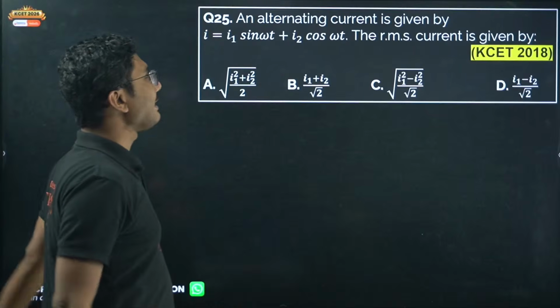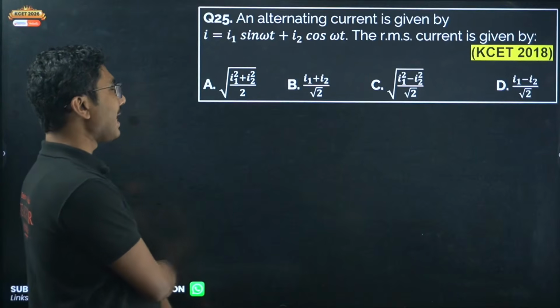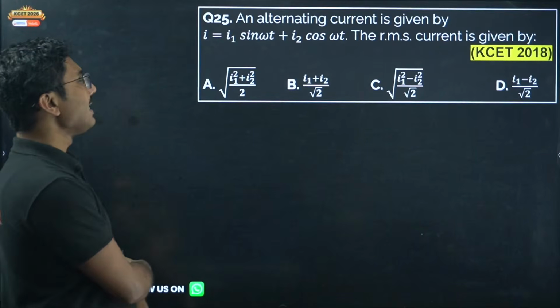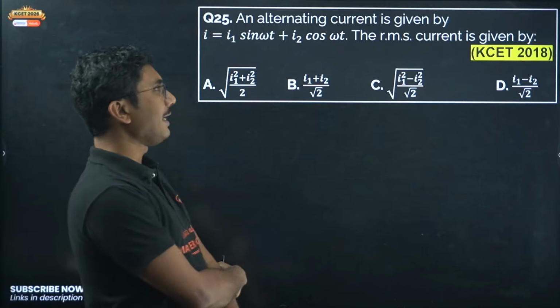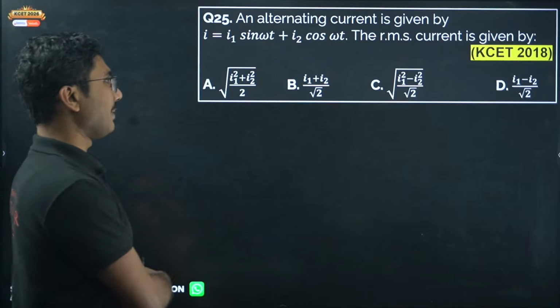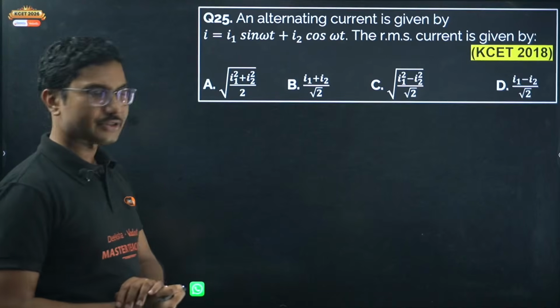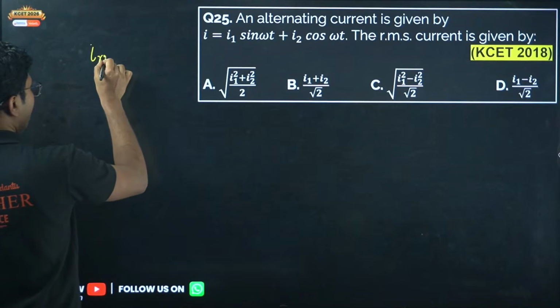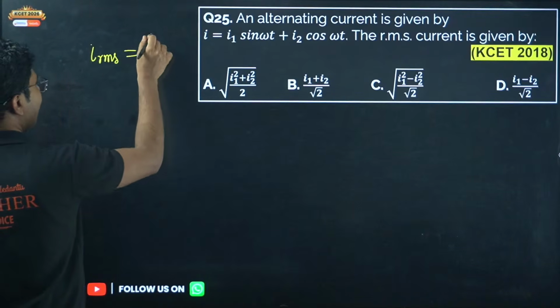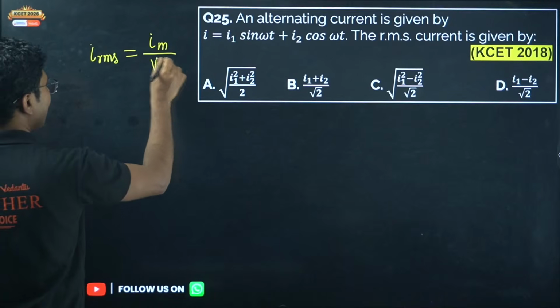An alternating current is given by I equals I1 sin omega t plus I2 cos omega t. The RMS current is given by... How do we calculate RMS current? Normally RMS current is given by maximum current divided by root 2.